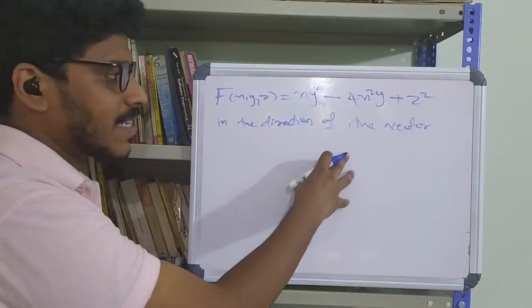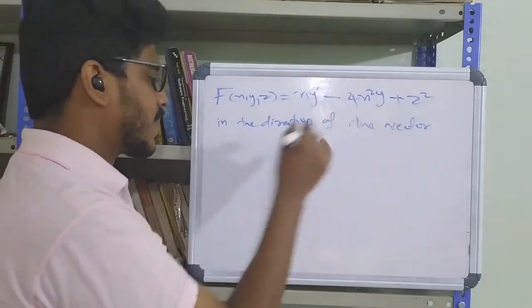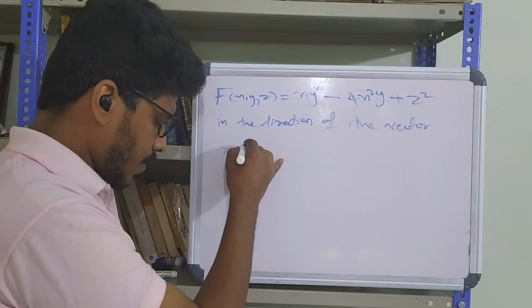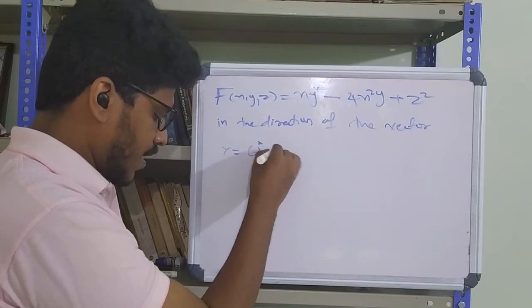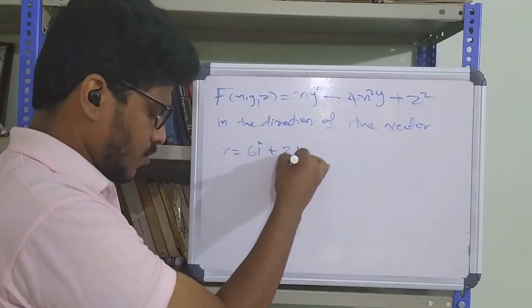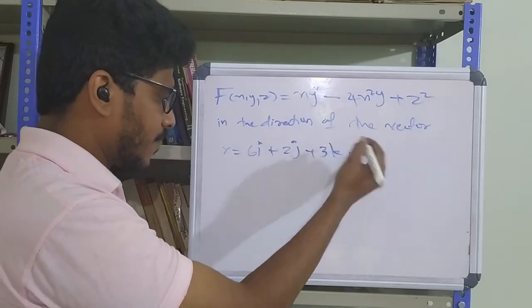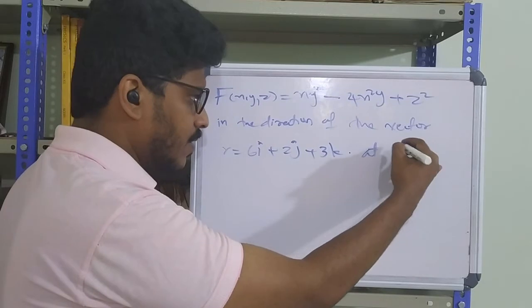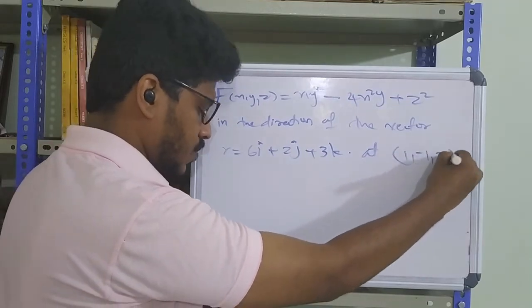We are not specifying it as a unit vector here. There's a reason. The vector r equal to 6i plus 2j plus 3k at 1, minus 1, 2.